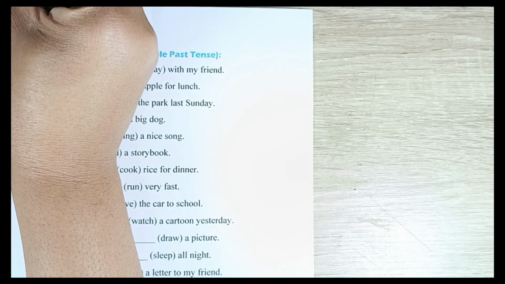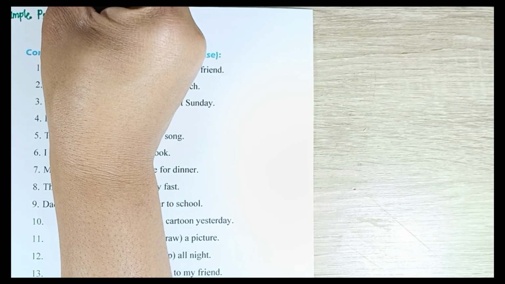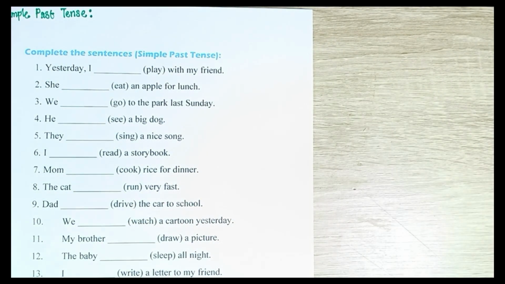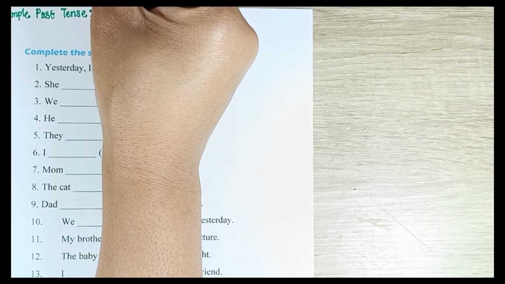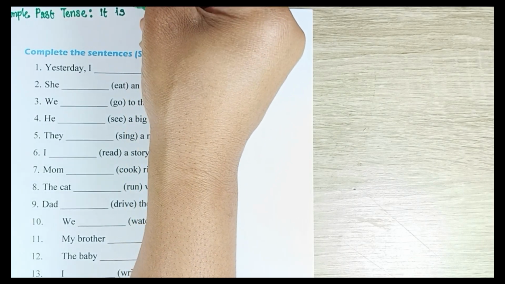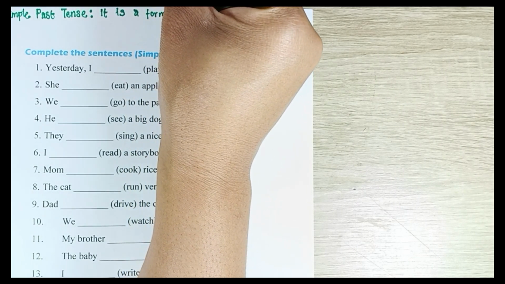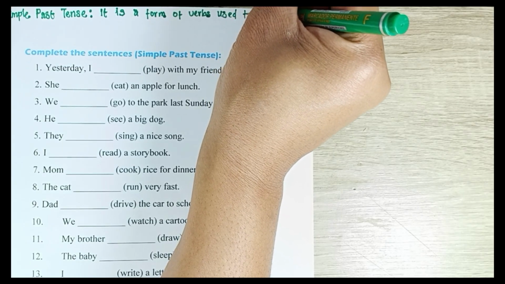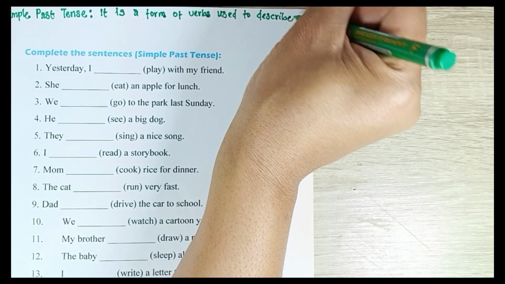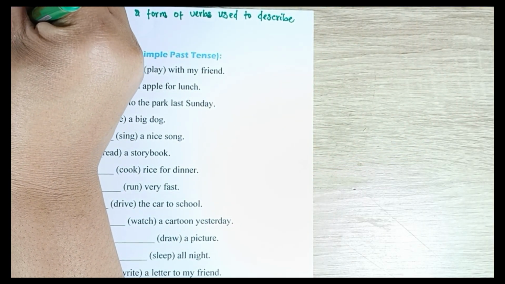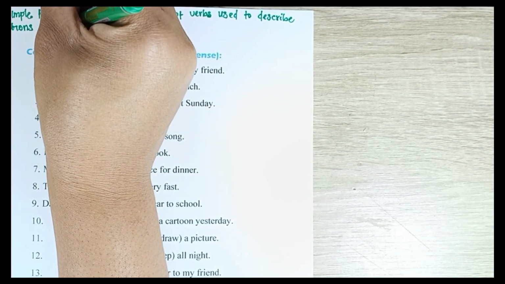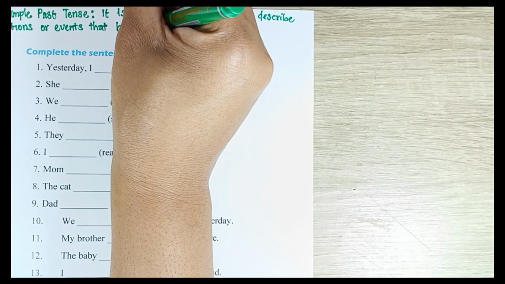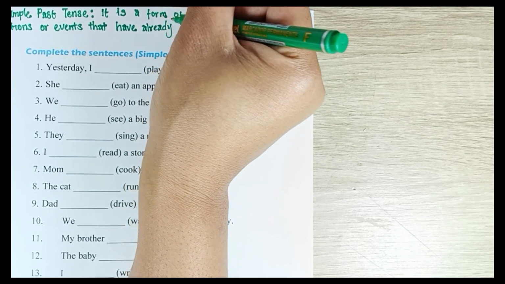Simple past tense. Simple past tense. So it is a form of verbs used to describe actions or events that have already happened.